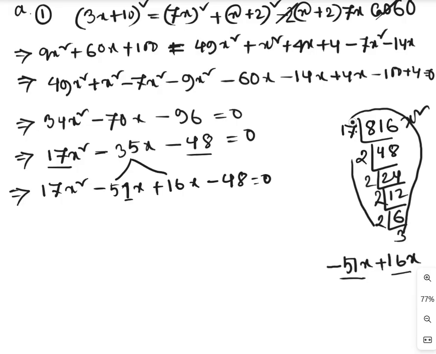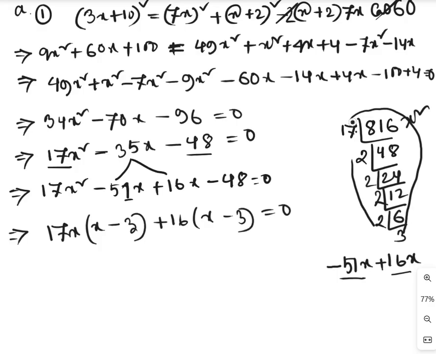And the addition of minus 51x plus 16x will become minus 35x. Anyways, 17x, actually it will be x, and this is 3, and this is 16, so it will be x minus 3 equals to 0.